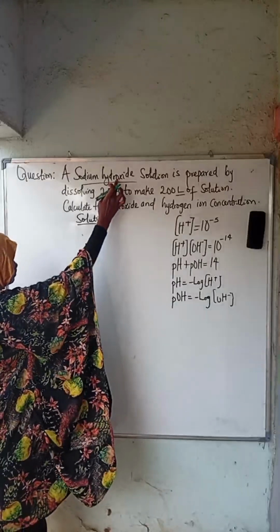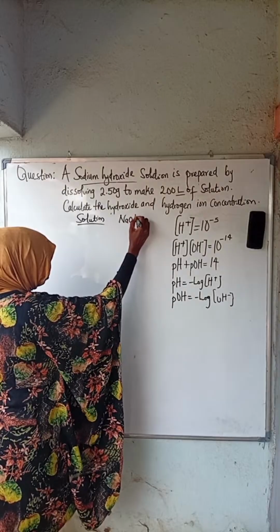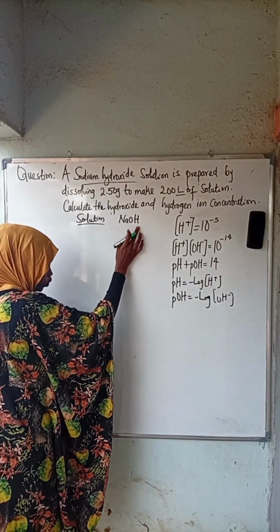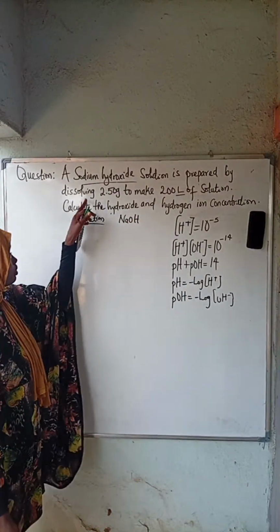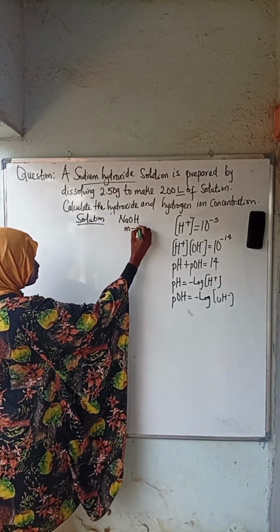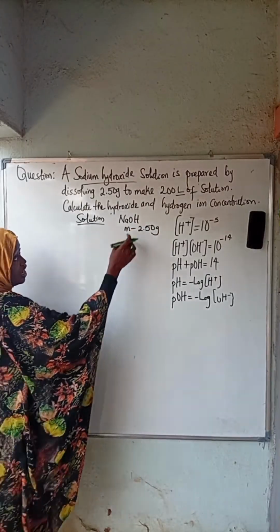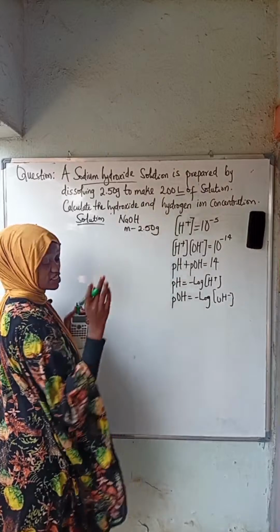So now for this question, let's bring out the parameters. We have the compound, which is what? Sodium hydroxide, right? That is NaOH. It's prepared by dissolving 2.50 grams. So that means the mass is 2.50 grams, right? It says to make 2.00 liters of the solution.